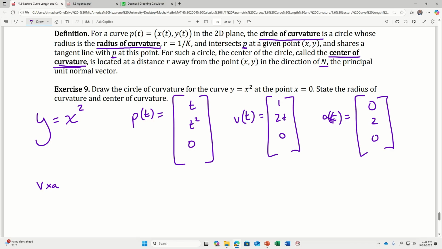Then I would need the cross product of velocity and acceleration. And the cross product of velocity and acceleration is going to be the vector 0, 0, 2. And so the norm of this cross product is going to be 2.